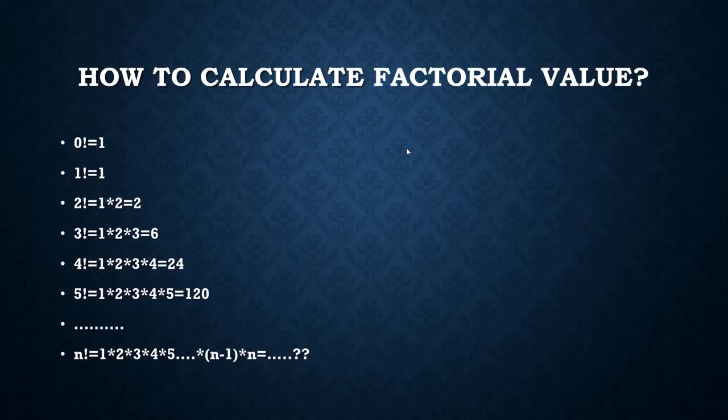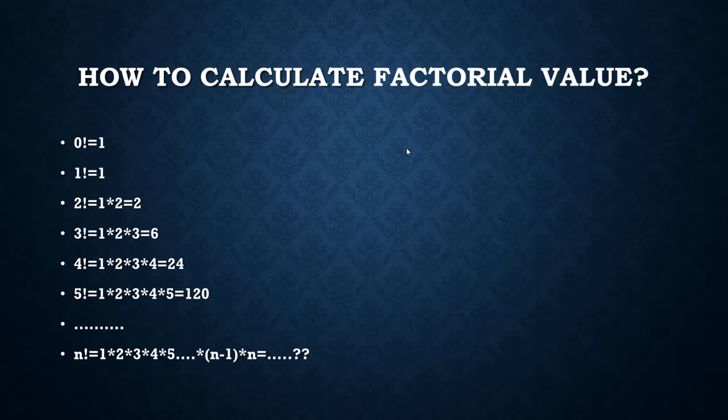Factorial 2 is 1 multiplied by 2. Factorial 3 is 1 multiplied by 2 multiplied by 3. Factorial 4 is 1 multiplied by 2 multiplied by 3 multiplied by 4. And factorial 5 is 1 multiplied by 2 multiplied by 3 multiplied by 4 multiplied by 5.